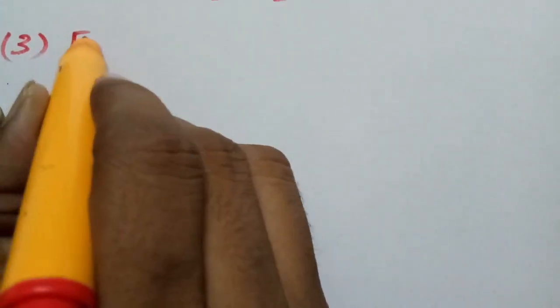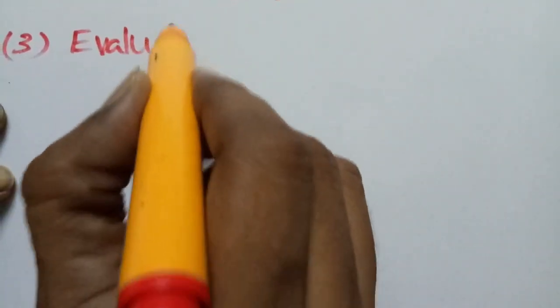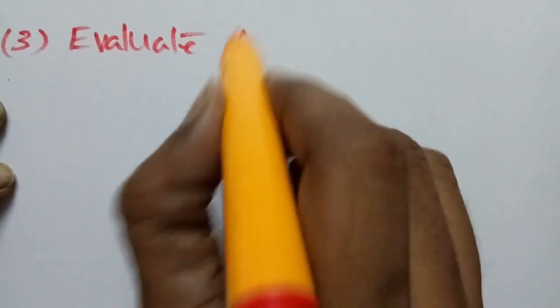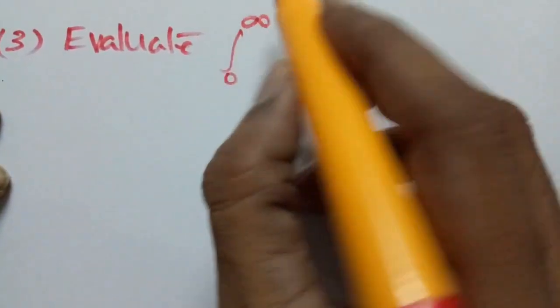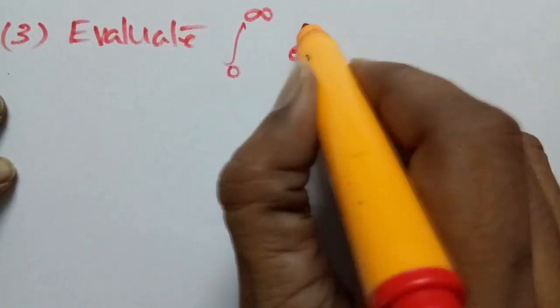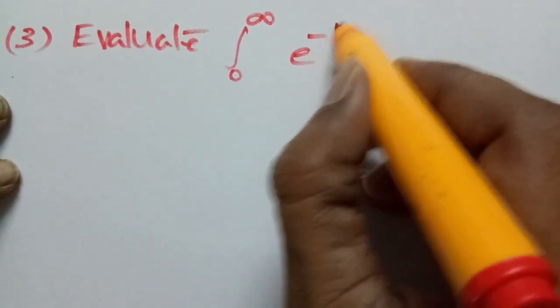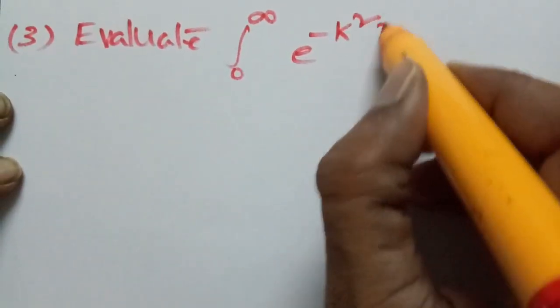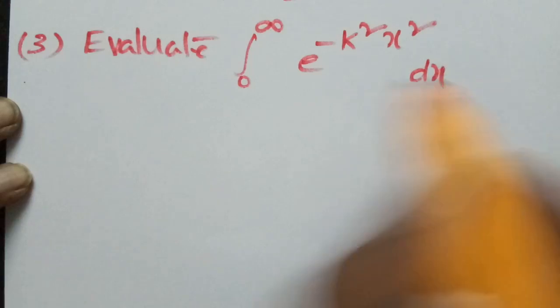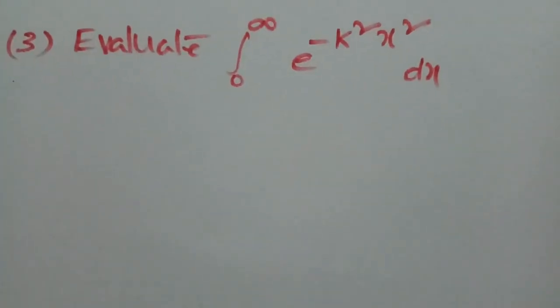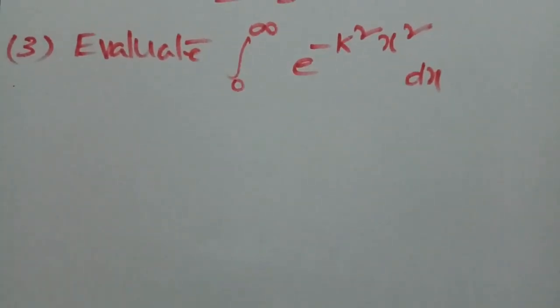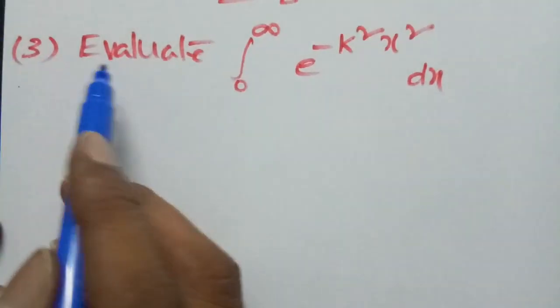Evaluate integral 0 to infinity e power minus k square into x square dx. Now integration by substitution.